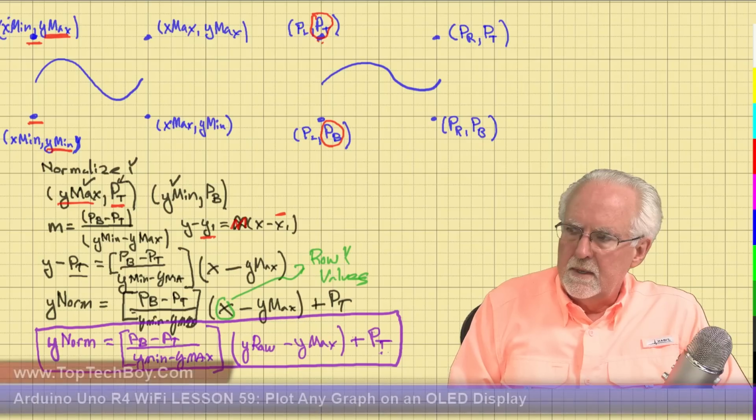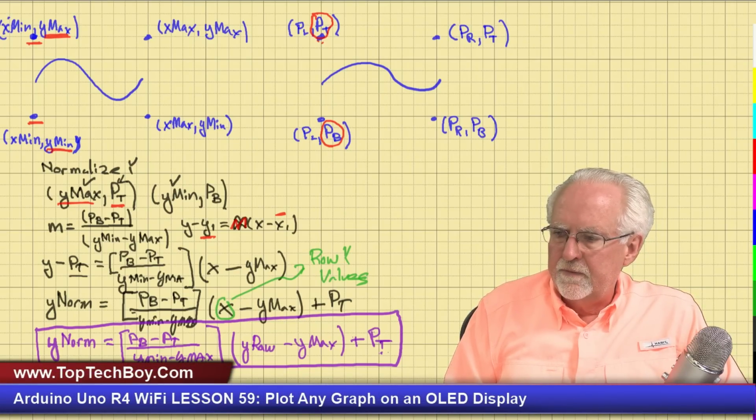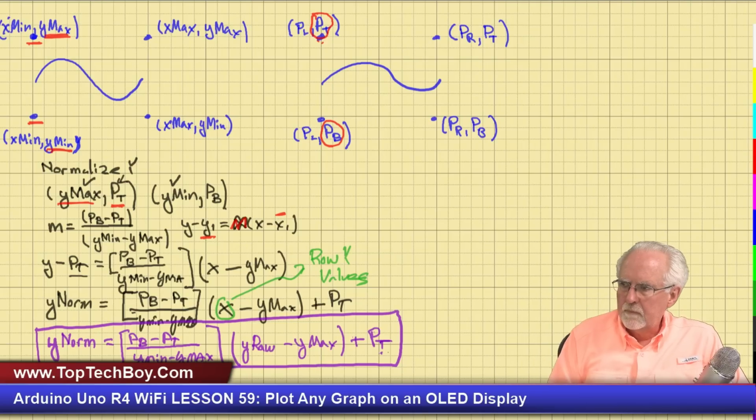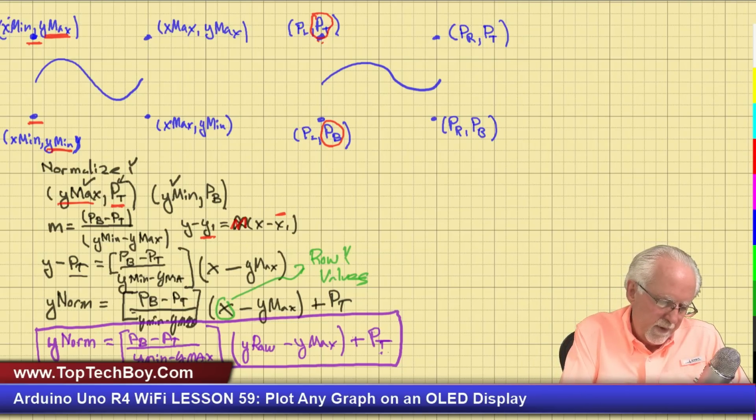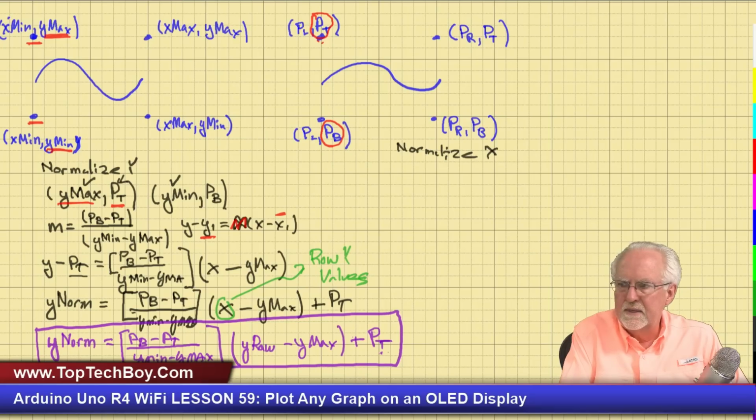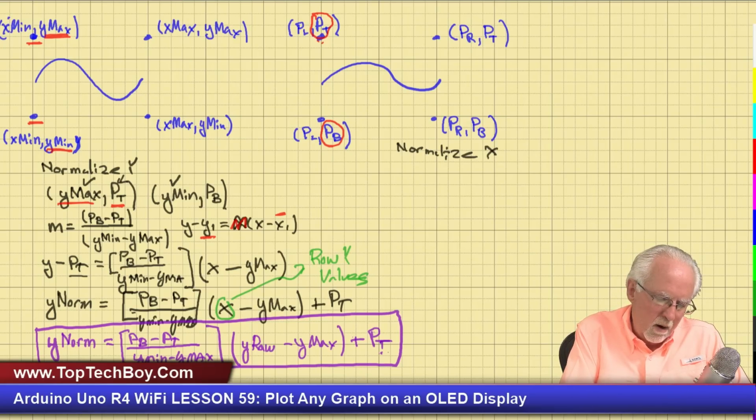All right. So now let me get further out of your way, and let's come over here. And now what are we going to do? We are going to normalize the x values. Now let's think, what are our x values?